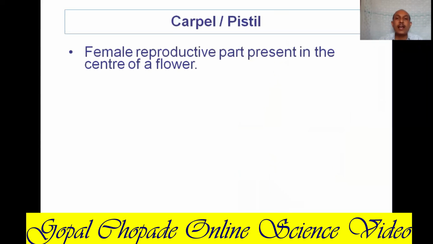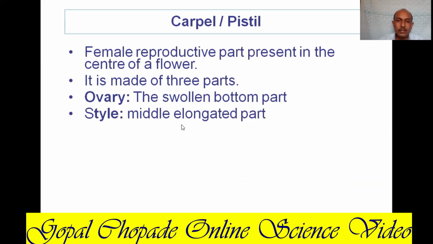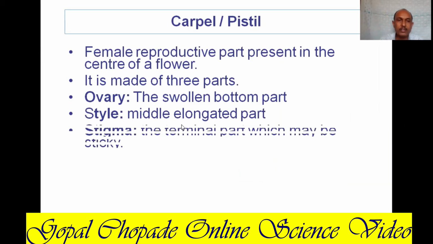Now, carpel or pistil. It is the female reproductive part present in the center of a flower, generally the center. It contains three parts: the ovary, the swollen bottom part; the style, the middle elongated part; and the stigma, the terminal part, which may be sticky.